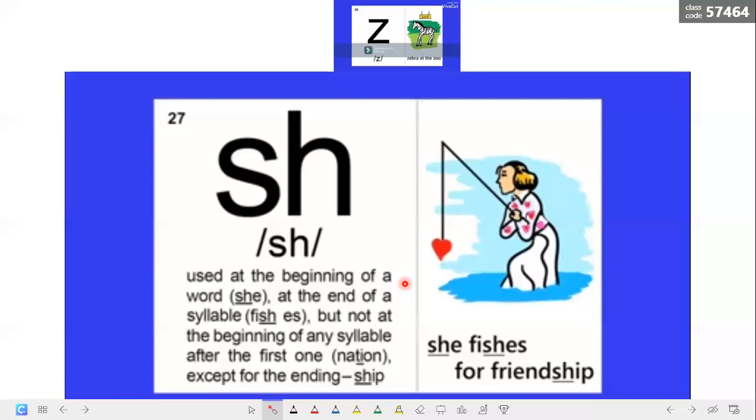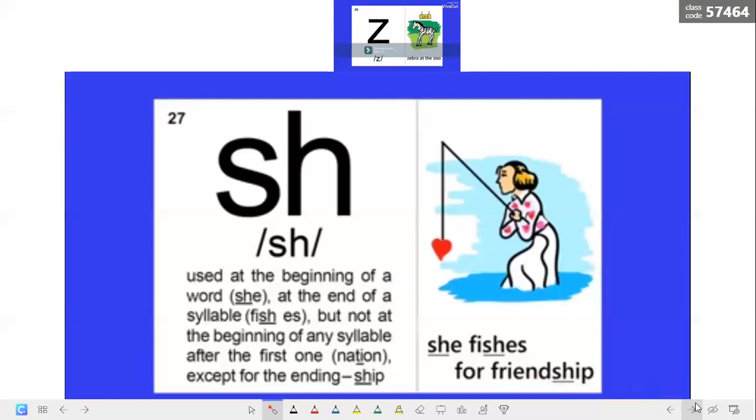We say ship, friendship. So I want you to look at the picture here and read the example. She fishes for friendship. You will notice that the sh has the "sh" sound at the beginning of the word, here at the end of the syllable, and here with the suffix "ship" at the end of words.